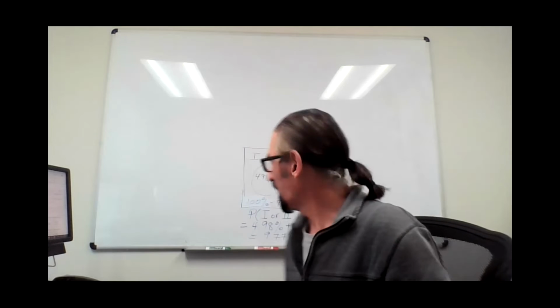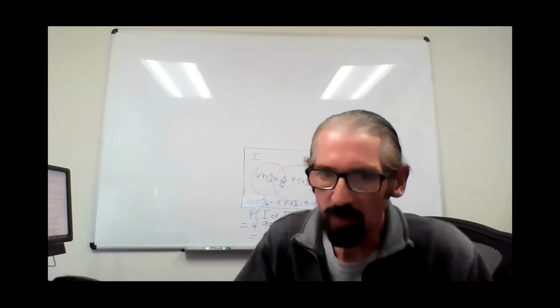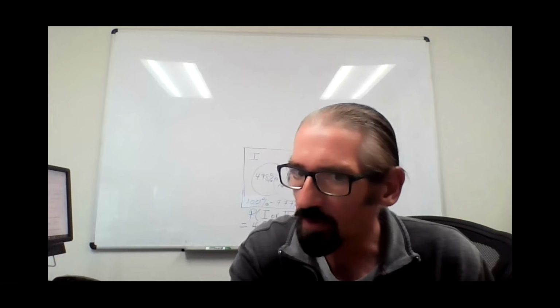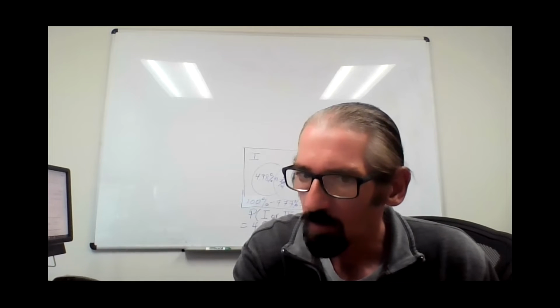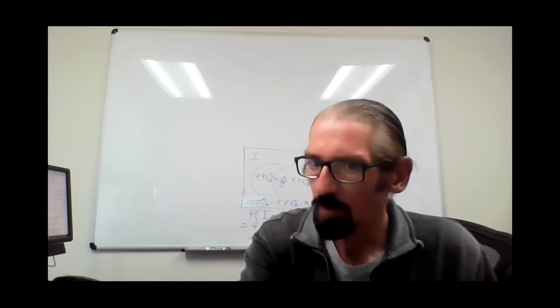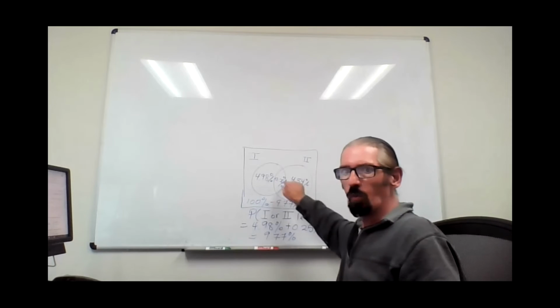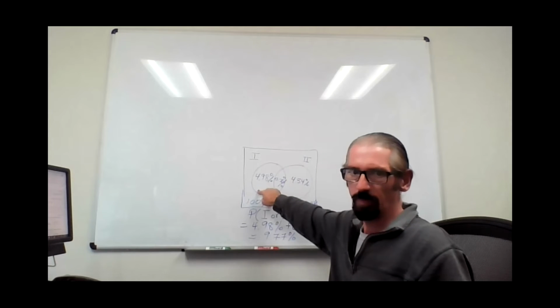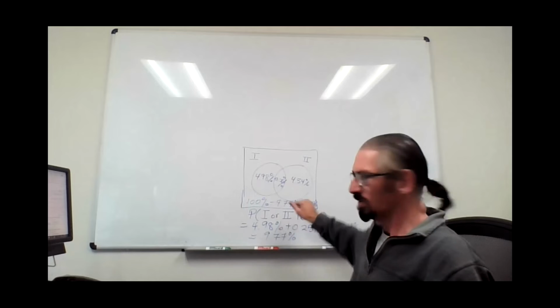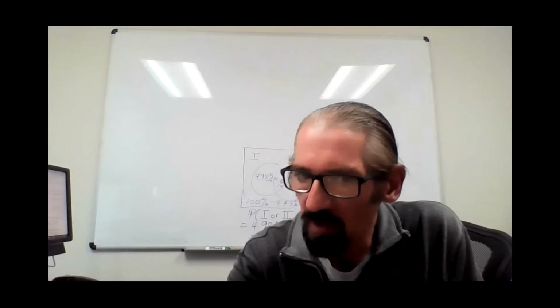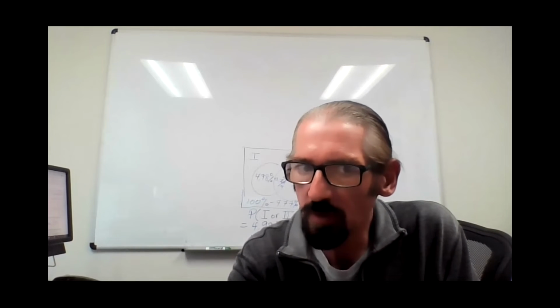Since that's still in our sample space, but not within those circles, that's telling us that the probability of neither one leaking, 0 of them leak, is 90.23%. That's the same thing we came up with the other way.